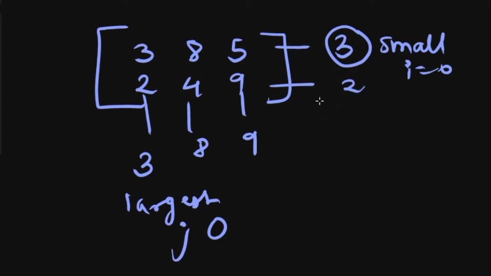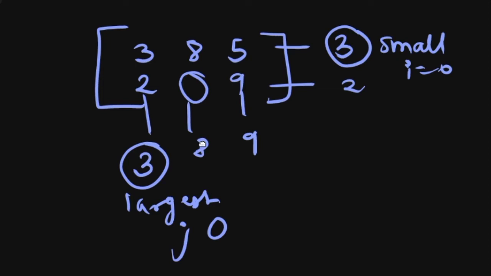If we want to make another saddle point, we have to modify some values. We already have a saddle point, but let's try to create this as a saddle point too. This value should be the minimum in this row, so instead of 4 I can make this 1, because it would then be the minimum value.